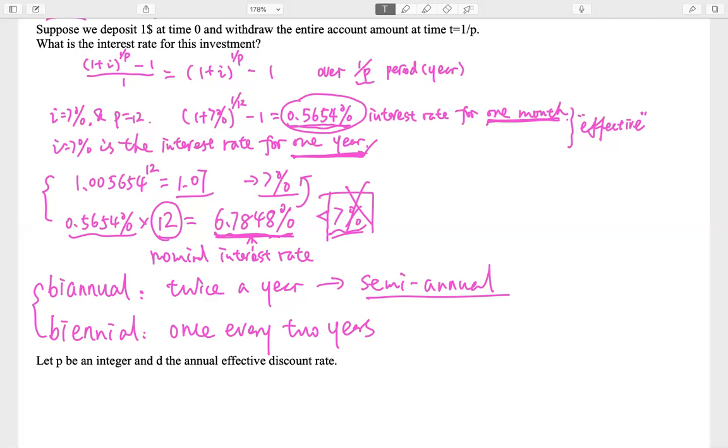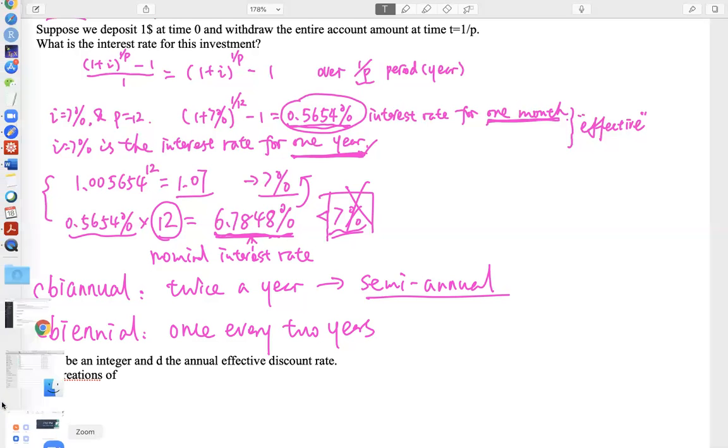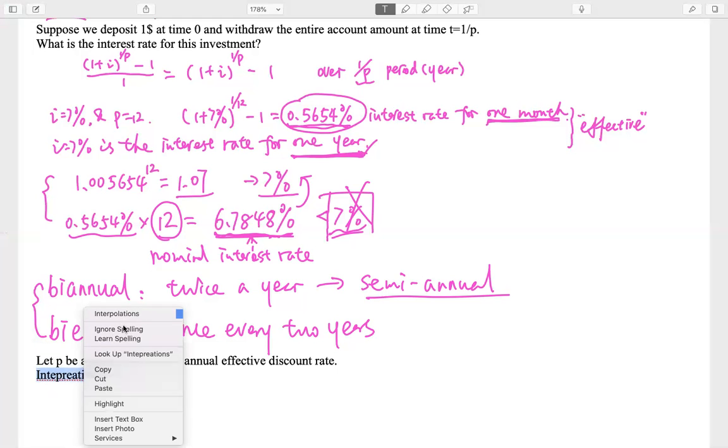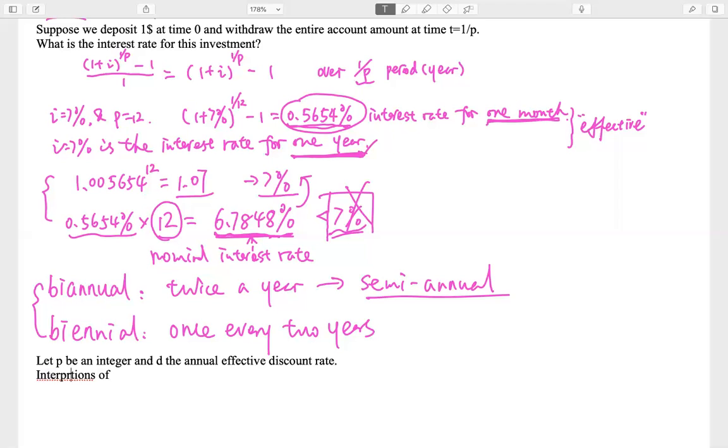So there are many interpretations, right? Interpretations of D. Basically, one way to understand it is the present value of interest, not interest rate.